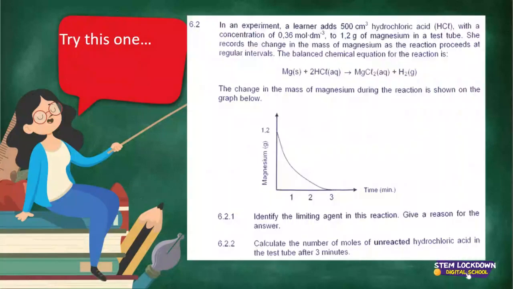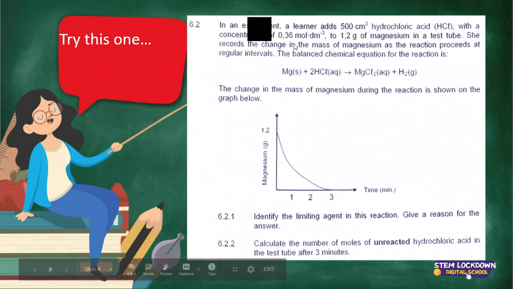It says, in the experiment, Elena adds 500 cubic centimeters of hydrochloric acid with a concentration of 0.36 to 1.2 grams of magnesium in a test tube. She records the change in mass of magnesium as the reaction proceeds at regular intervals.